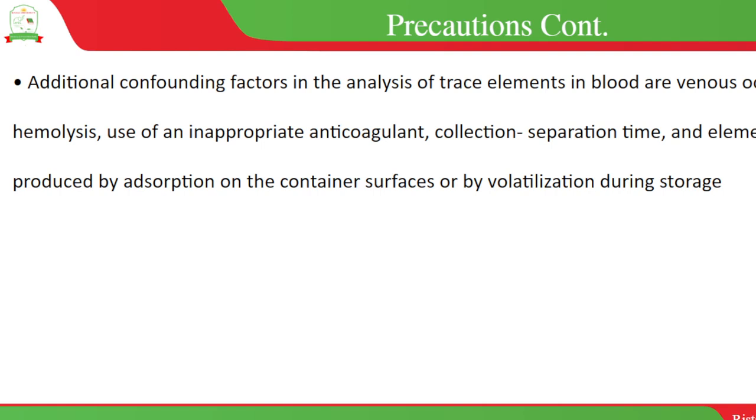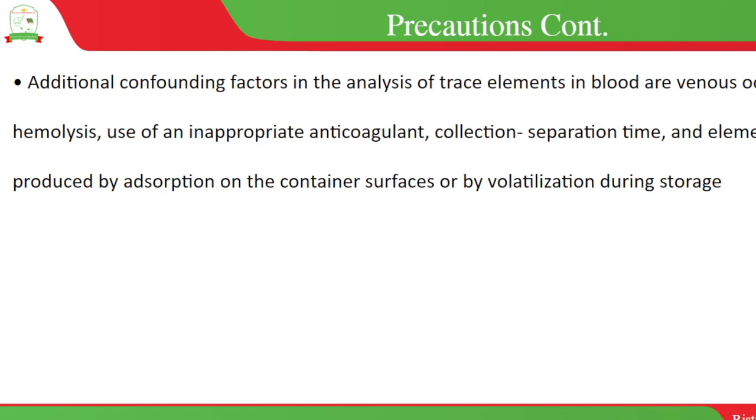Additional confounding factors in the analysis of trace elements in blood are venous occlusion, hemolysis, and use of an inappropriate anticoagulant. If you use an anticoagulant that is not supposed to be used, it can confound your results. Then there is collection and separation time: the time you collect, how long you have kept it, and element losses produced by adsorption on the container.